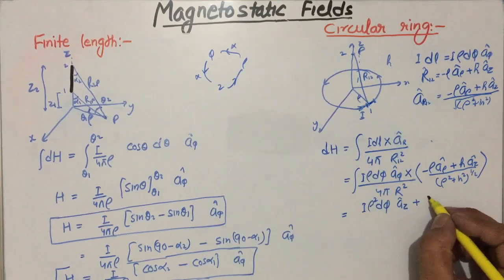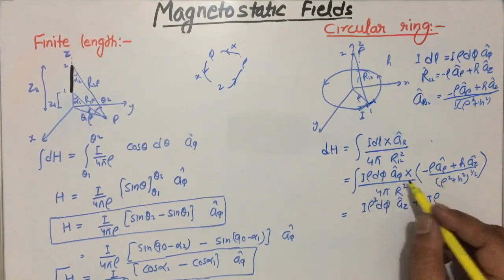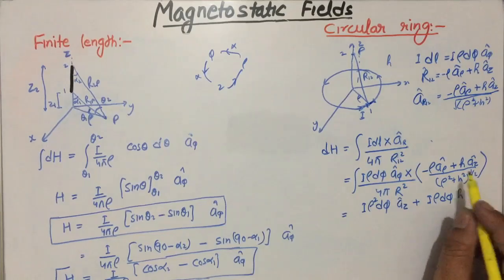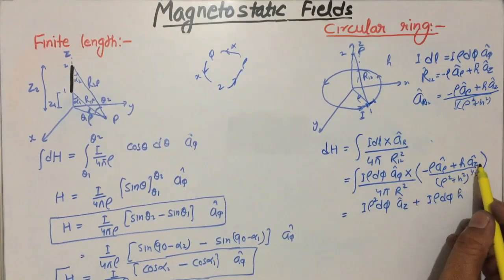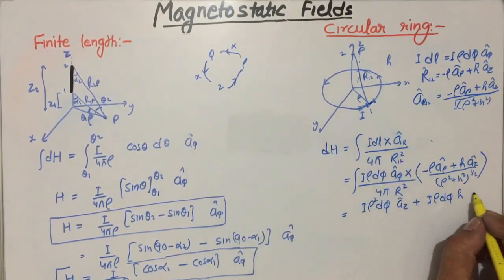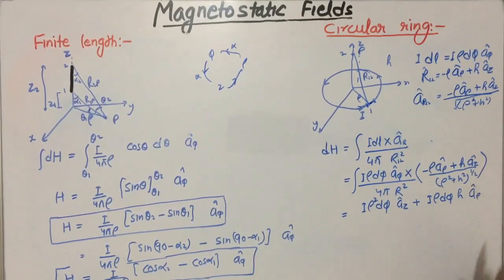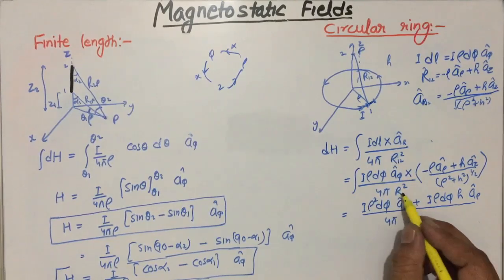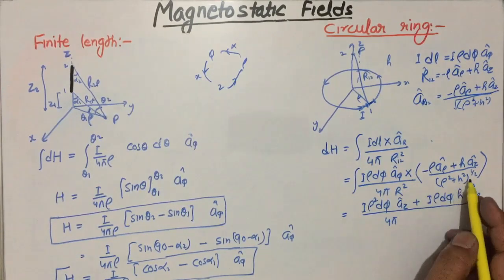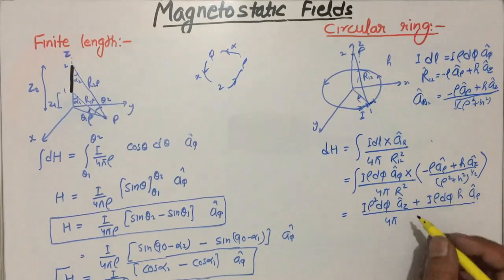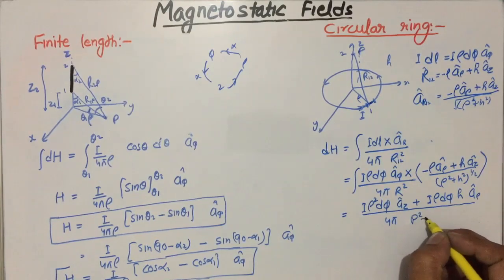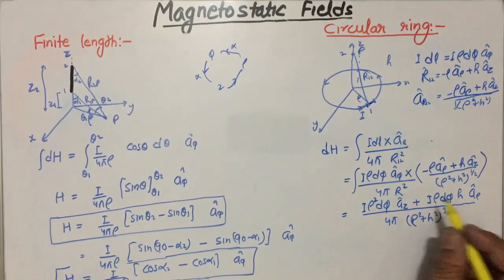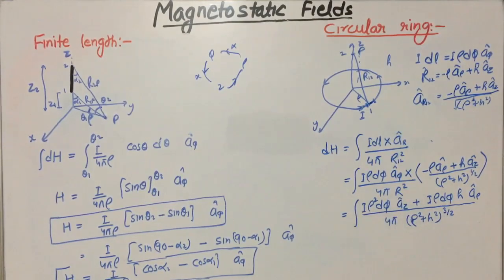So from here, I rho d phi into h, since a phi cross az gives a rho, divided by all the parameters, it will be R square, so this will be rho square plus h square to the power 3 by 2. After integration, we will get the final value.